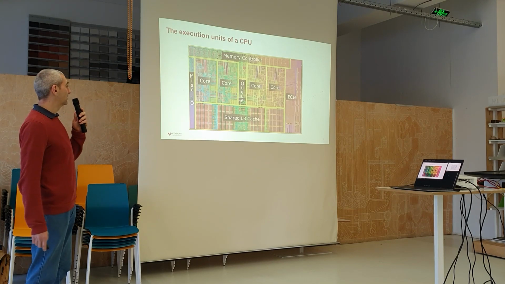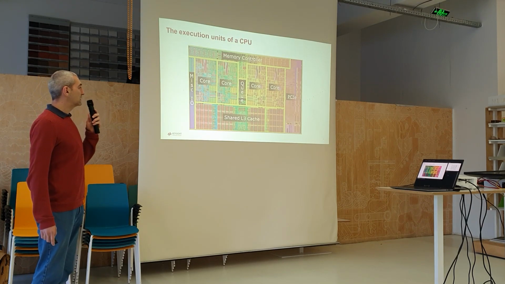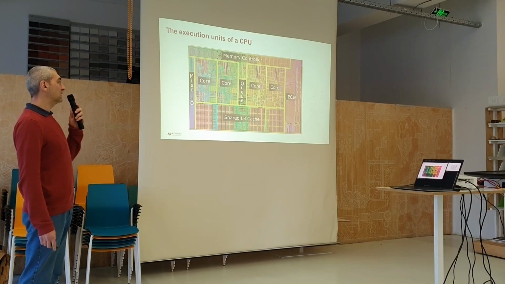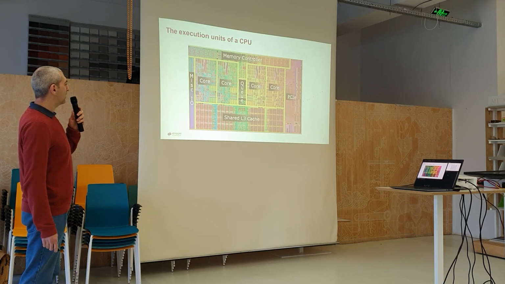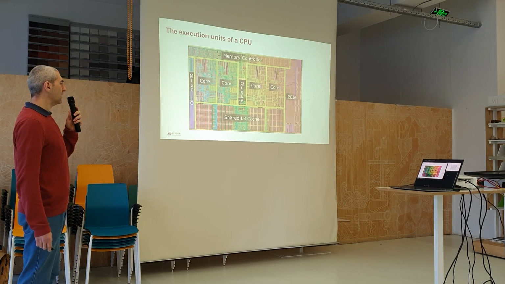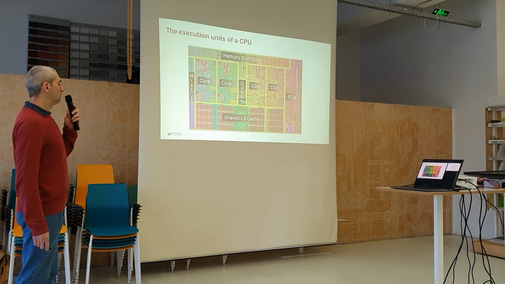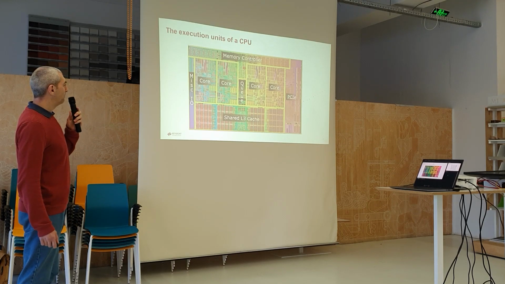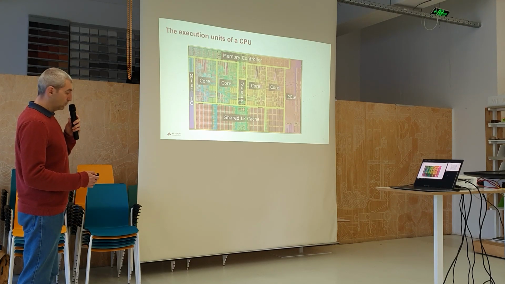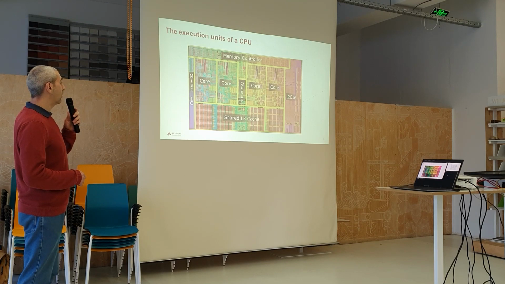Photoshop view, right? So here we can see how the transistors of the CPU are organized, and we can see that they are grouped in, I don't know how to call them. In the end, they are grouped into some units. So here, for example, we have the first core, the second core, the third core, the fourth core.